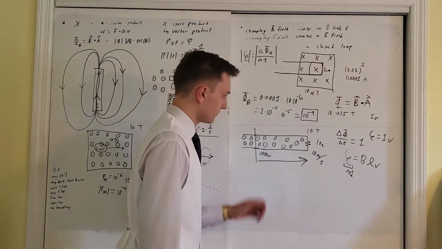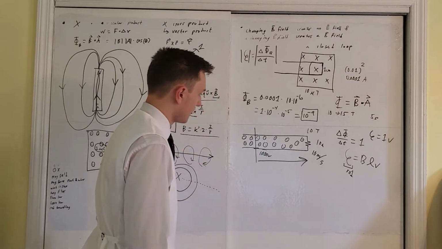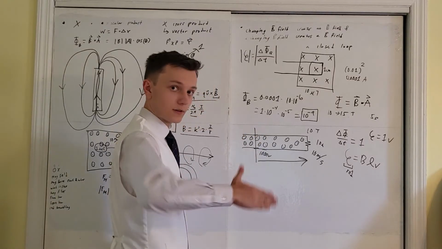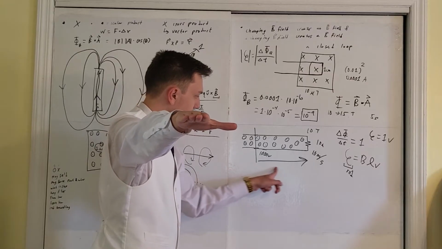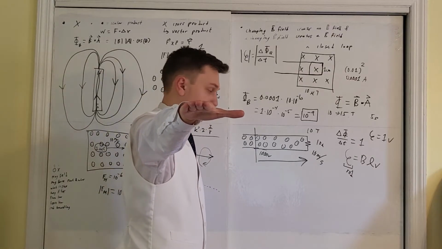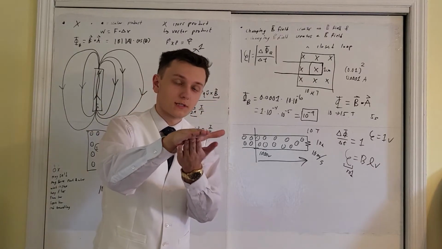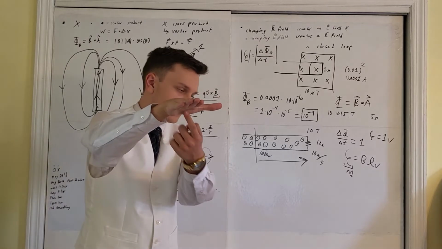So let's again use the right-hand rule to look at this. I have a B field that is coming out of the page. Fingers go to the camera. Thumb in the direction of the velocity of my charges. So therefore, the magnetic force acting on the charges is in the direction of my palm.